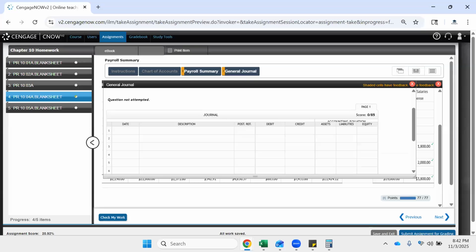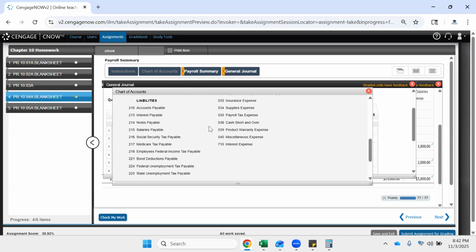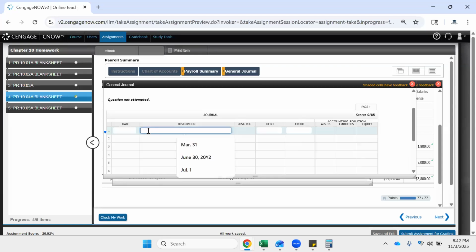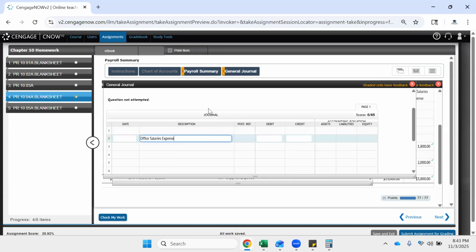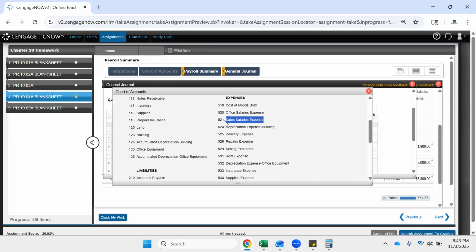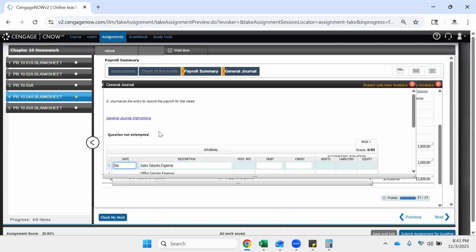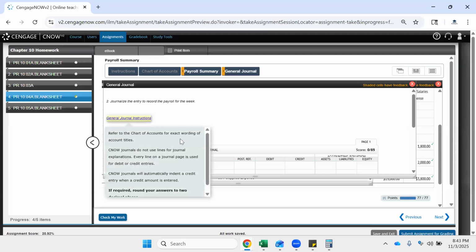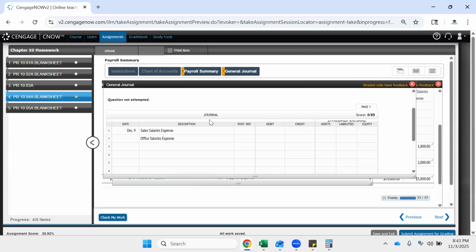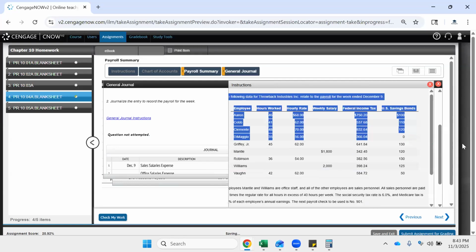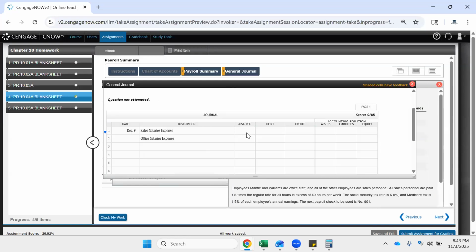So now we're going to journalize the payroll entry for the week. If we take a look at our chart of accounts, we have office salaries expense and sales salaries expense. The journal is going to be as of December 9th because that's the day of our payroll, for the week ending December 9th.